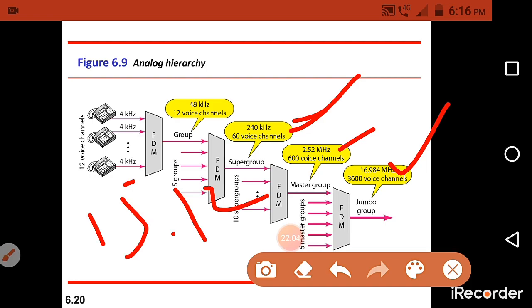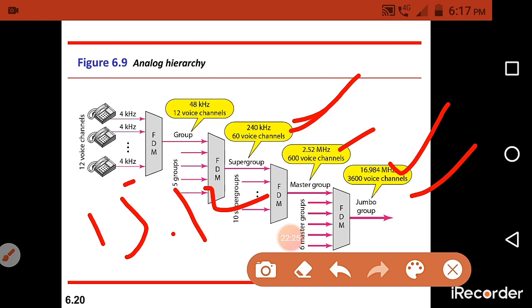And the total will be 3600 voice channels, because 600 voice channels per master group, with 6 master groups, 600 into 6 is 3600 voice channels. That is a jumbo group, okay.